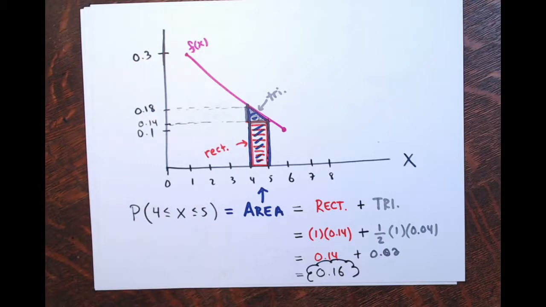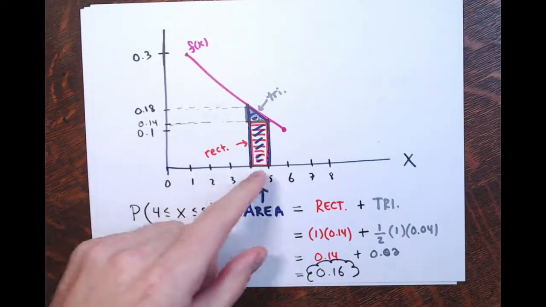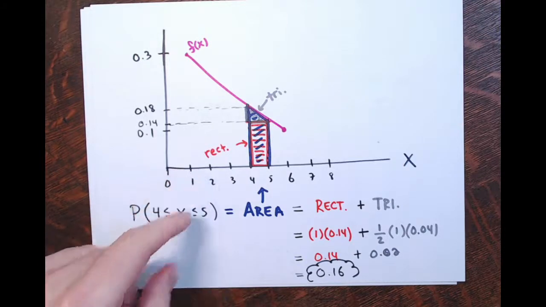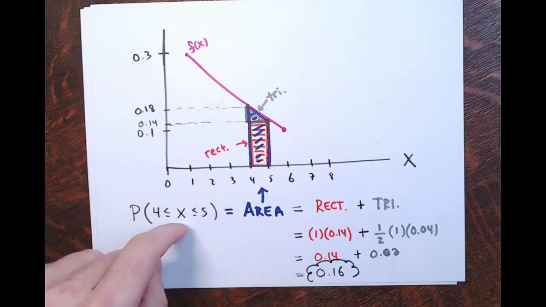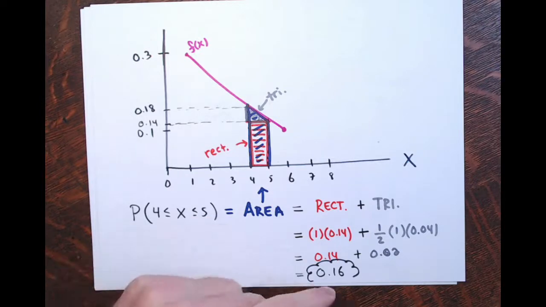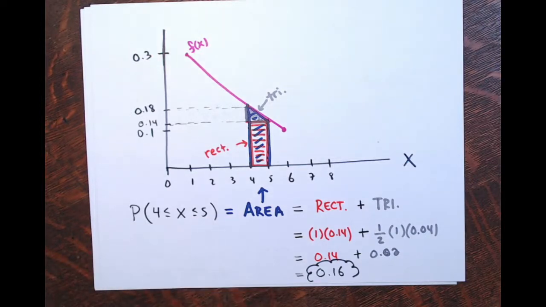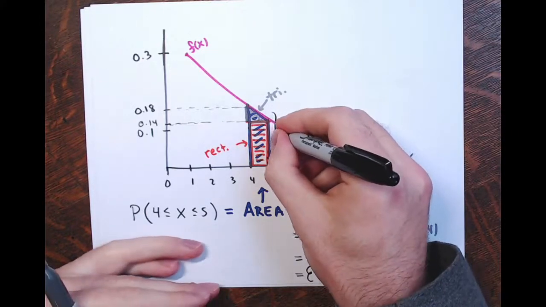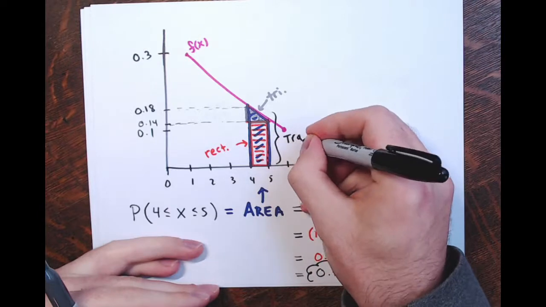So the probability is 16%. If I pick a value for x at random, the probability that it would fall between 4 and 5 is 16%. Now, you could have also just thought about this whole shape as a trapezoid.